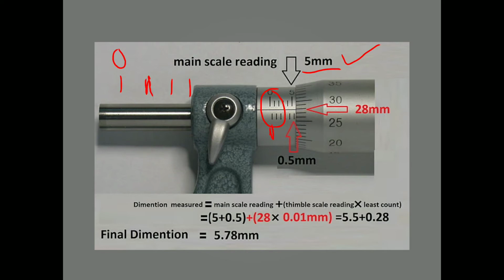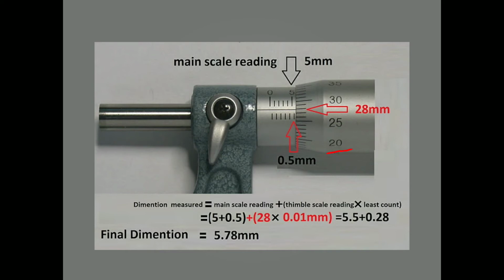As we are going to see how exactly the readings are taken, here it is past 5 mm, and we also have to add this 0.5. Then the total number of divisions on the circular or thimble scale, you can see it is 20.